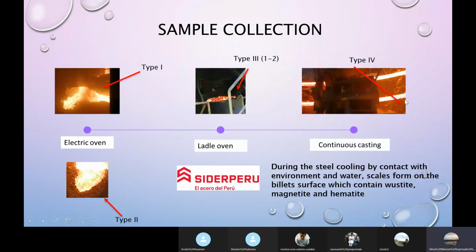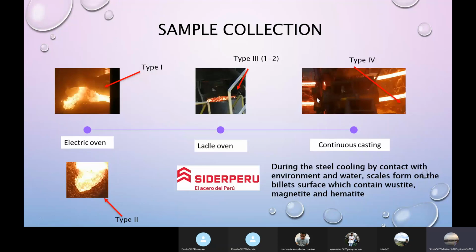The steel previously obtained in a ladle furnace passes from liquid to a solid phase. During the steel cooling by contact with environment and water, scale forms on the billet's surface, which contains wustite, magnetite, and hematite. The molten steel is deposited into copper containers called ingot molds.